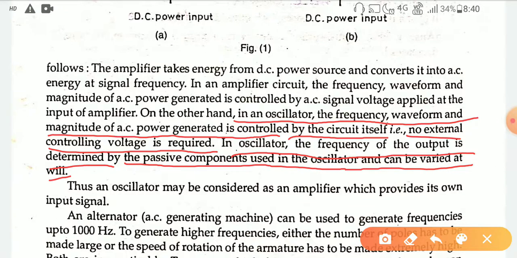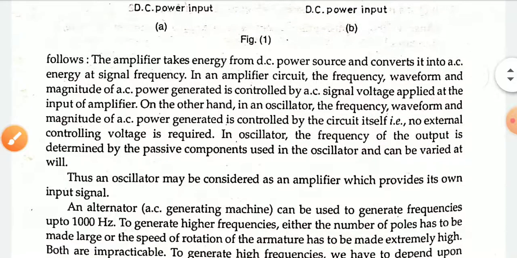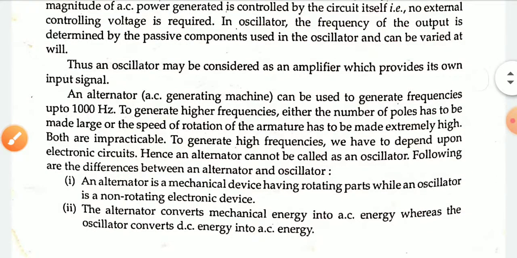So if you want to change the oscillation frequency, it is sufficient to change the passive component present in the oscillator. Thus, an oscillator may be considered as an amplifier that provides its own input signal.